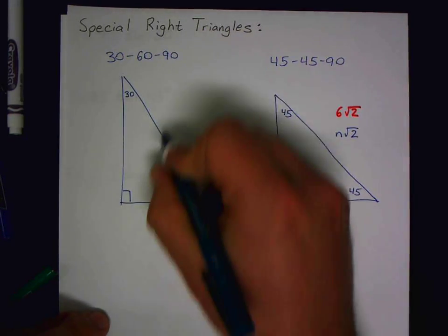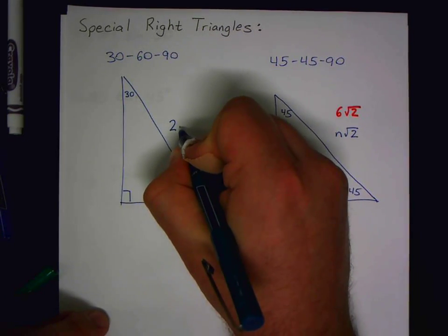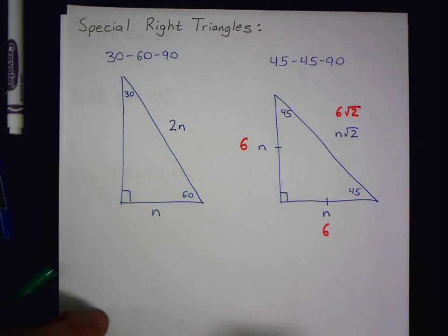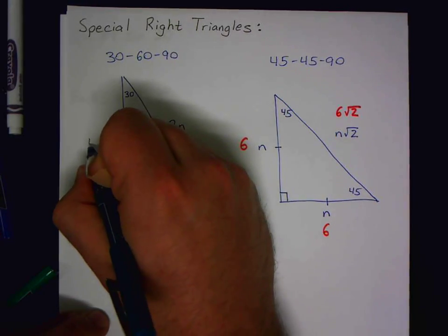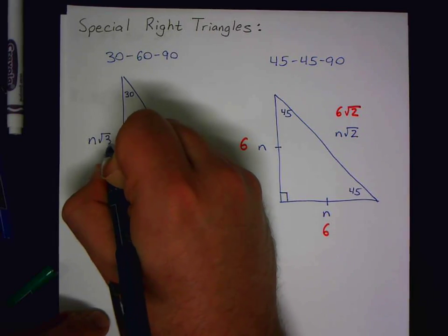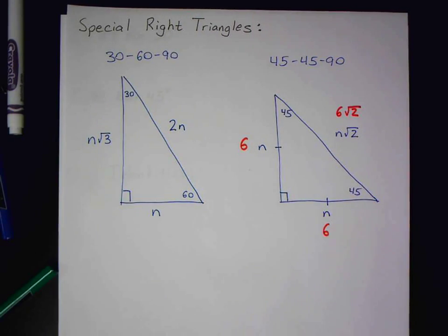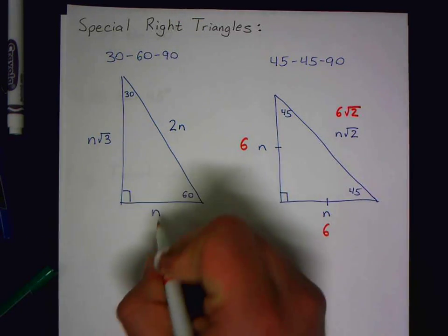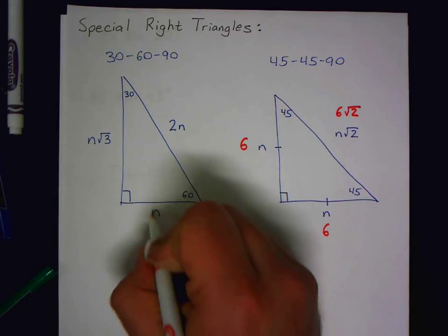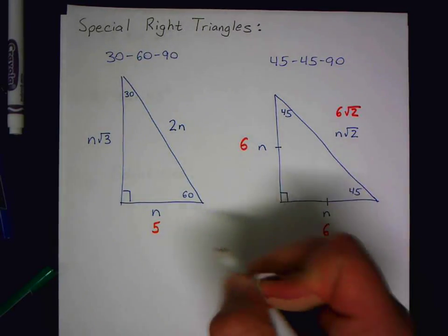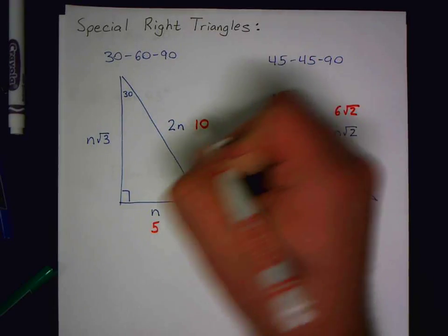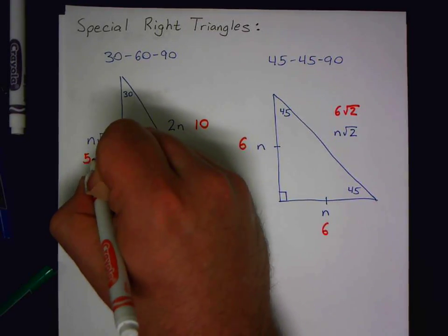So what happens is the hypotenuse is double that. And this side is n square root of 3. And again, those relationships hold true for any size. So if this side was 5, this side would be 10, and this side would be 5 radical 3.